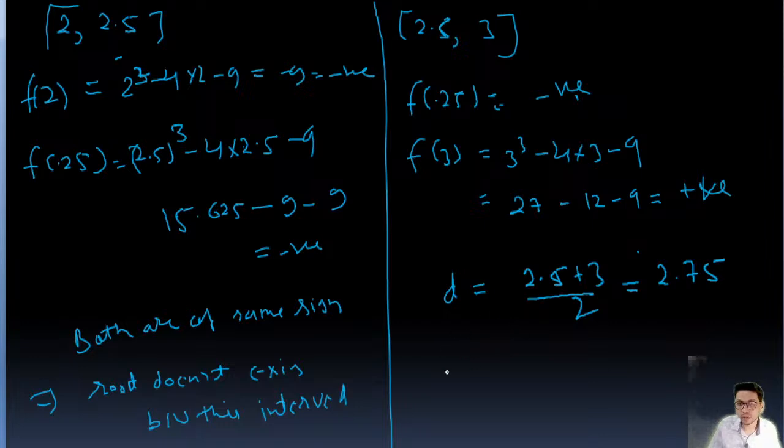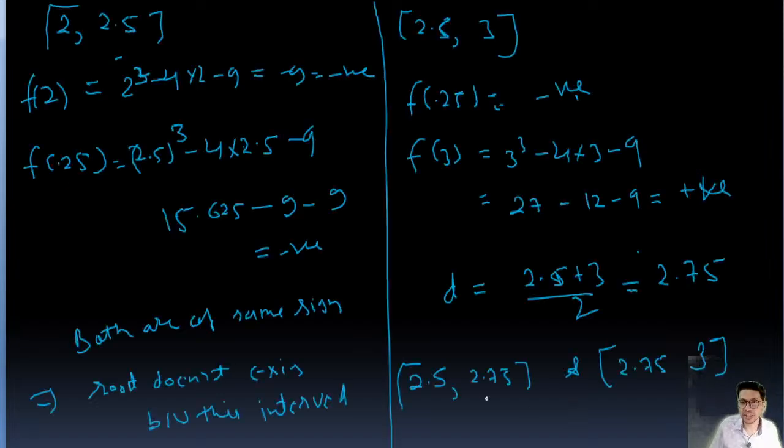So now the root will exist between 2.5 and 2.75, or it will exist between 2.75 and 3. Now again we'll check f(2.5) and this value.